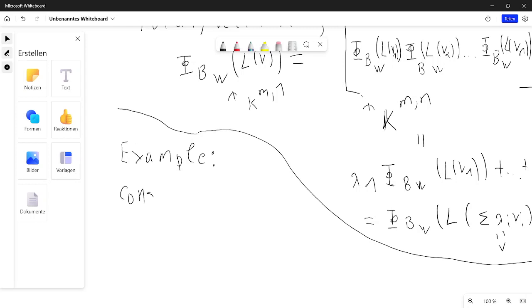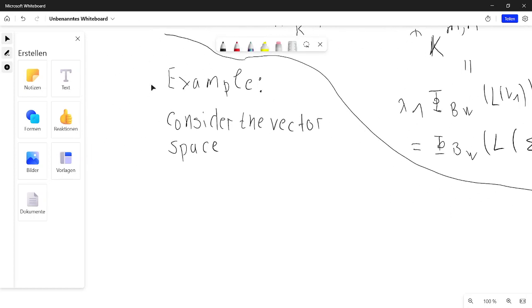Consider the vector space, why not, vector space V equal to span of 1, x, x squared, x to the power 3, which is a subspace of R[x].